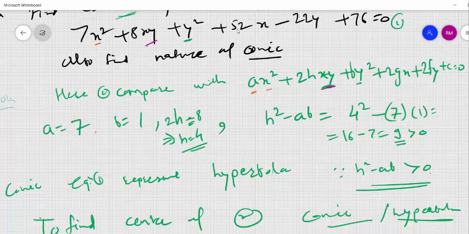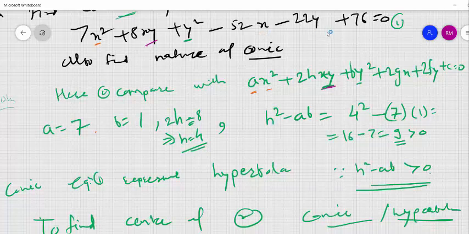The coefficient of x is minus 52 divided by 2.